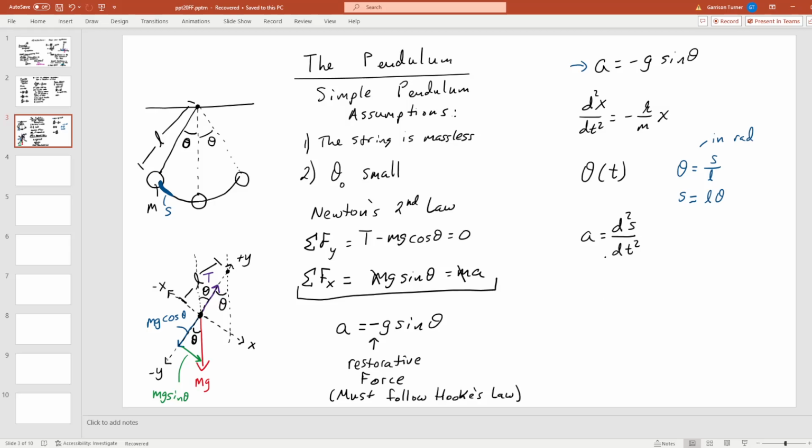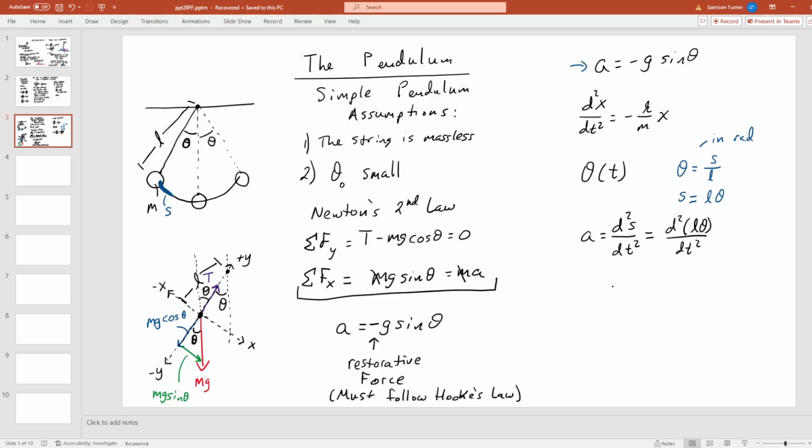Okay? And now I can translate this into my polar coordinates by taking the second derivative of L theta, substituting in for S equals L theta. And what I'll notice at this point is that L is constant, right?